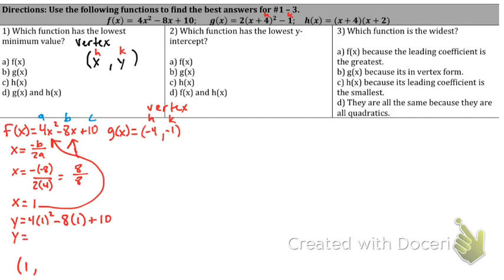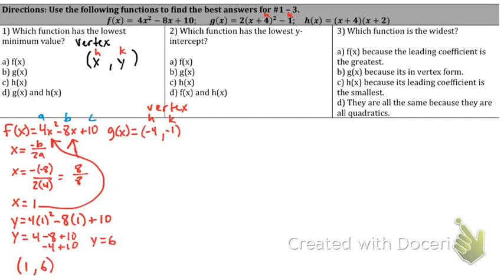Okay, let's do this math. We're going to do some of it in our head. 1 squared is 1. 1 times 4 is 4. -8 times 1 is -8. And then we get +10. Now let's add and subtract these. 4 minus 8 is negative 4, plus 10, and that's going to give me y equal to 6.